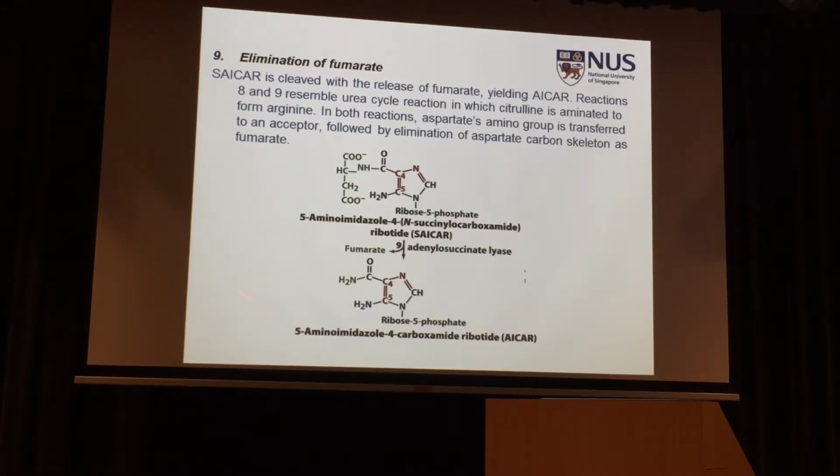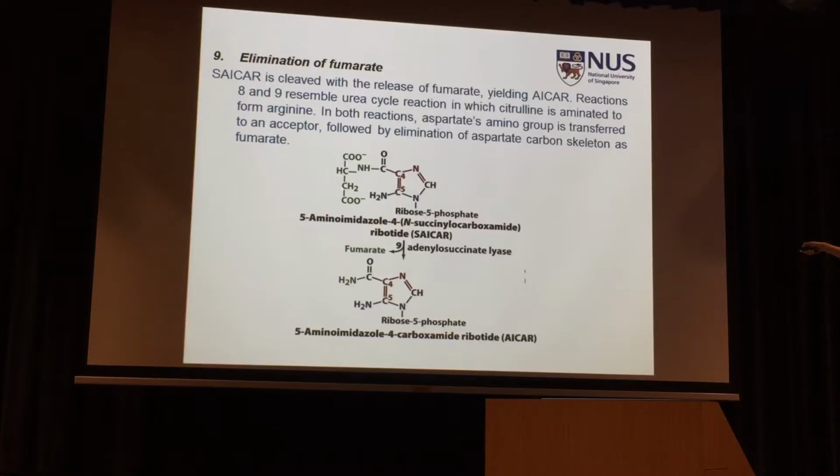So in the next reaction, we have to remove the other carbon skeleton of the aspartate, this part here, and it is removed as fumarate. Fumarate is COO minus, CH double bond CH, COO minus. It's a symmetrical molecule.